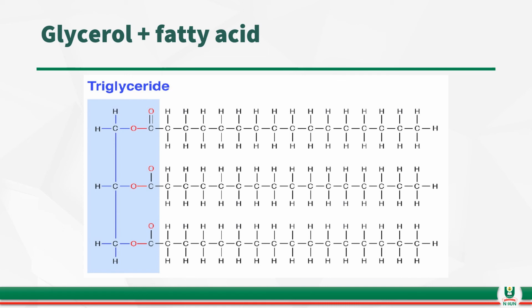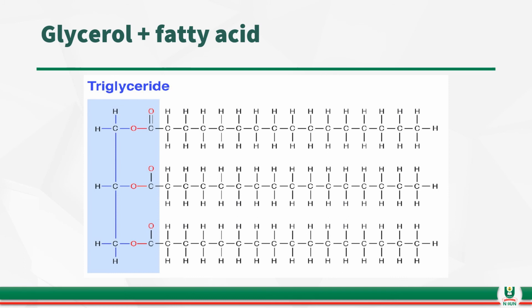I forgot to mention to you that fatty acids do not usually stand alone in organisms. You cannot check your body and see one fatty acid. No, they always occur in combination with things. For example, if it occurs with glycerol, it becomes glyceride.